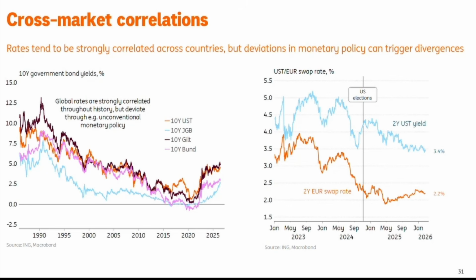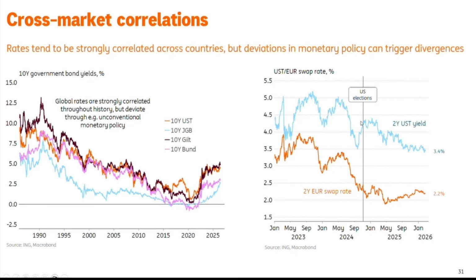You can see especially the US, gilts, bunds, very correlated, especially over short amounts of time. The JGB, that's the Japan government bond market, is slightly different, but they really resorted to unconventional monetary policy, yield curve control. So you really need to be very aggressive as a central bank if you want to go against global trends.